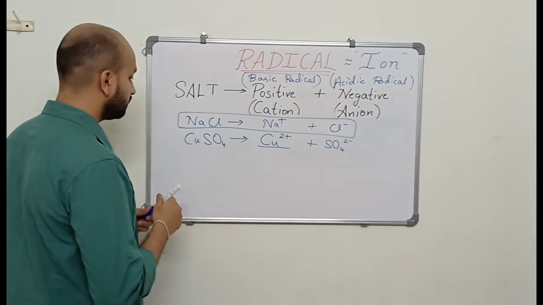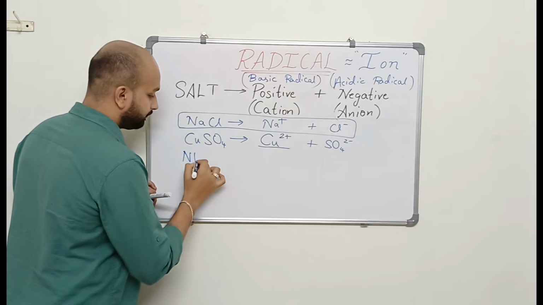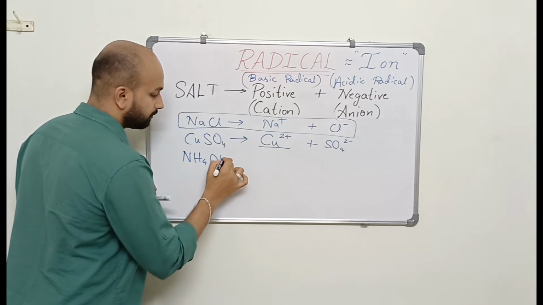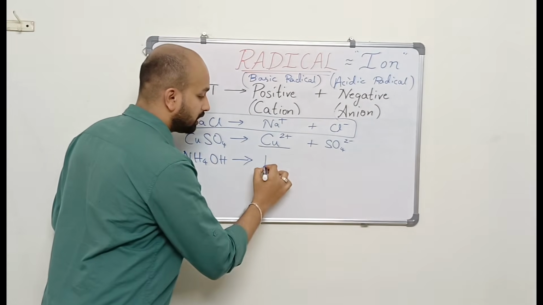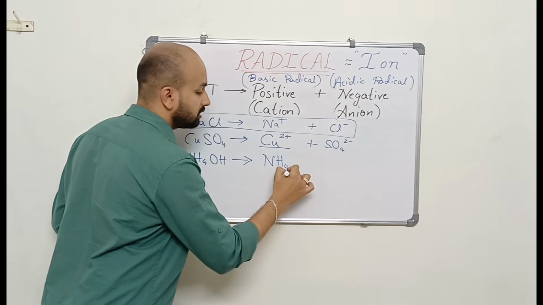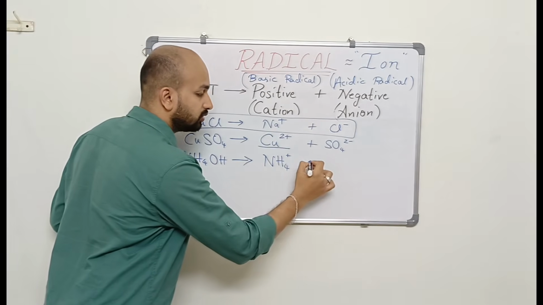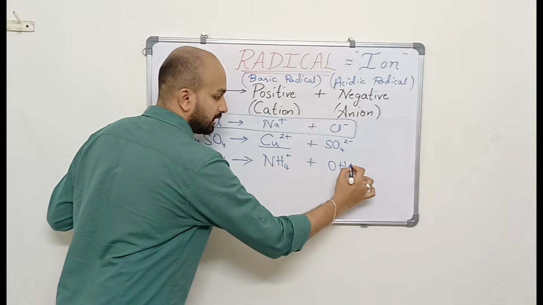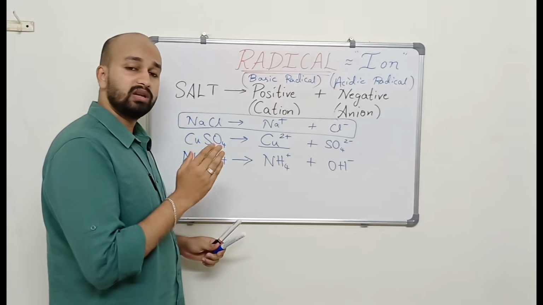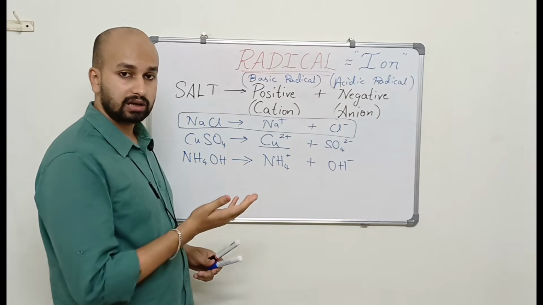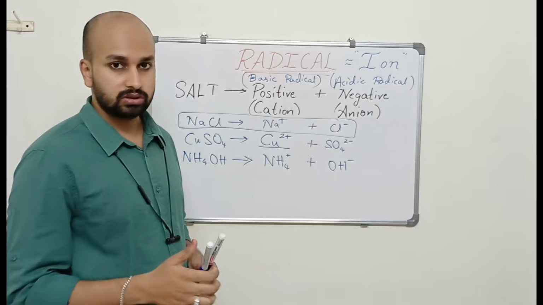Another example let me give, that is, you have ammonium hydroxide. So ammonium hydroxide on dissociation gives ammonium ion and hydroxide ion. Now here both basic radical as well as acidic radical are group of atoms, not a single atom.